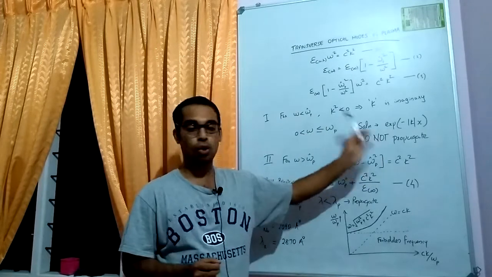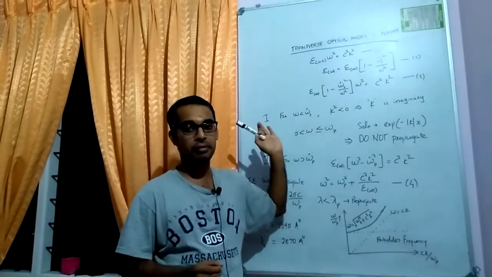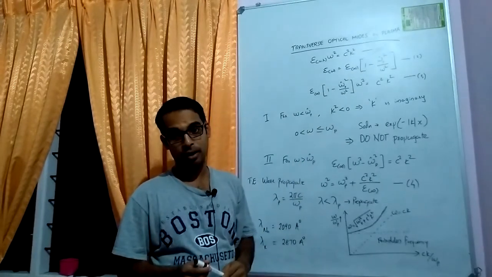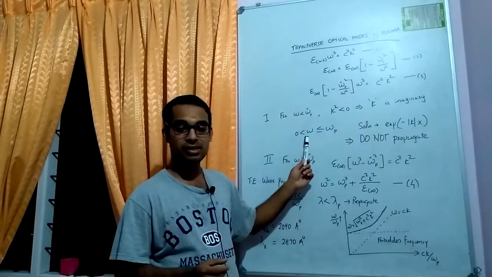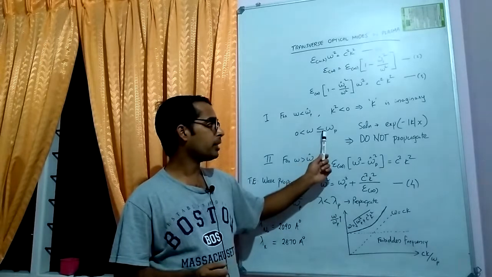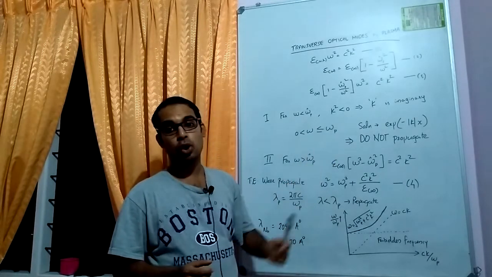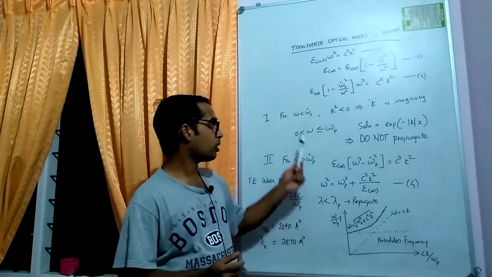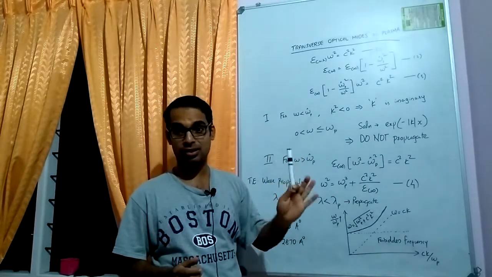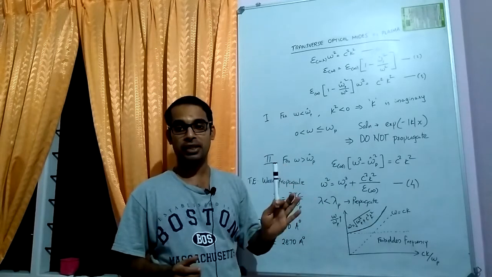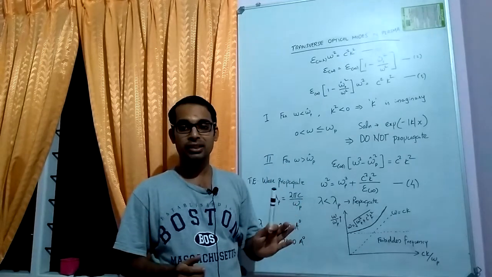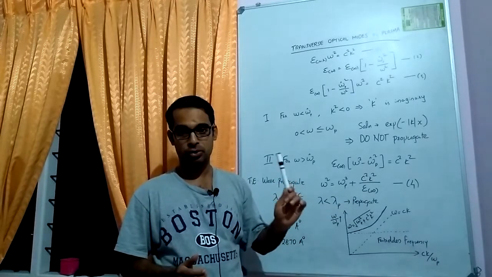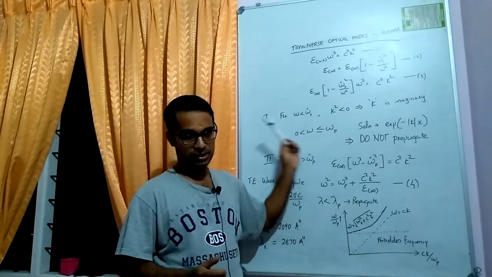That means there is no propagation of electromagnetic wave when omega is less than omega p, or when the frequency is between 0 and omega p. So that is one of the observations. There is a characteristic frequency called plasma frequency omega p, below which there is no propagation of electromagnetic waves through the medium. That is what we understood from these equations.